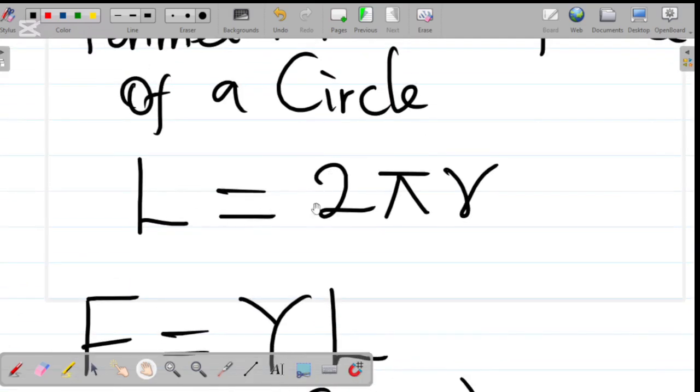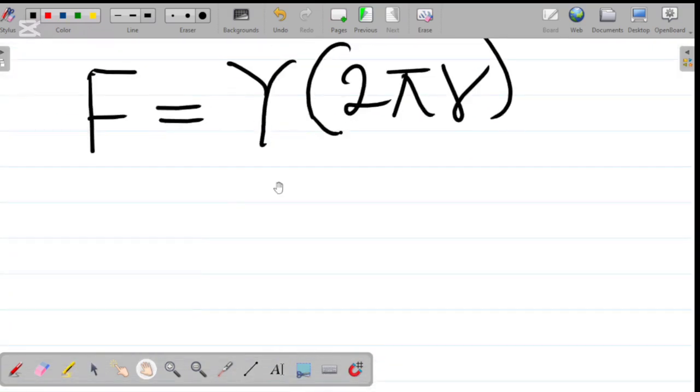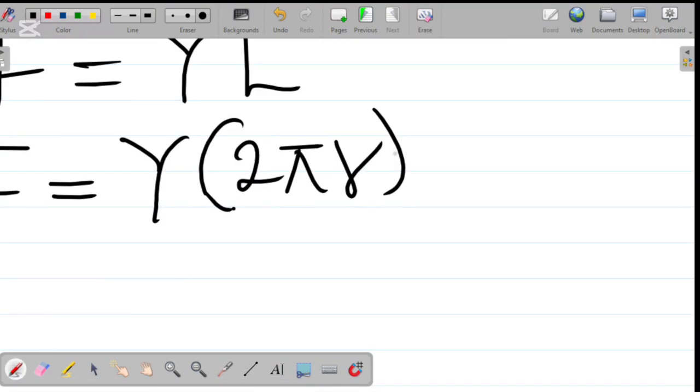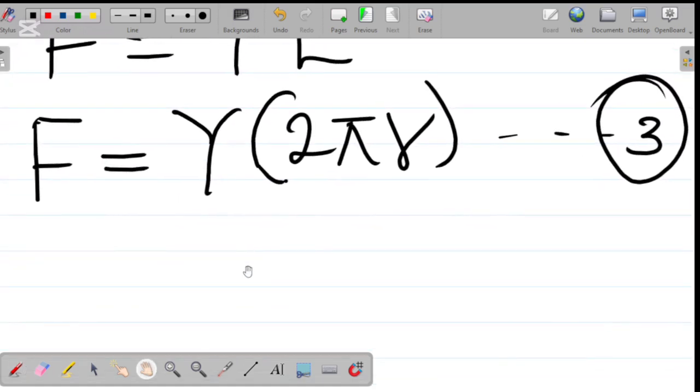Remember, L is equal to 2 pi r. So let's call this equation 3.